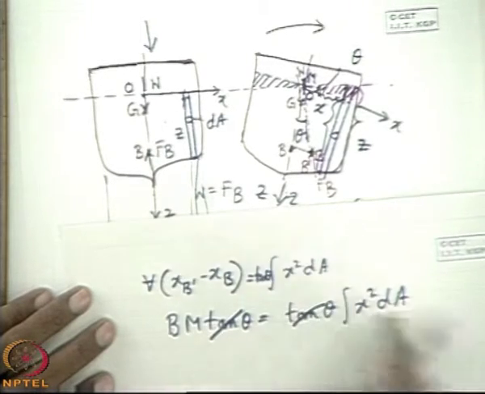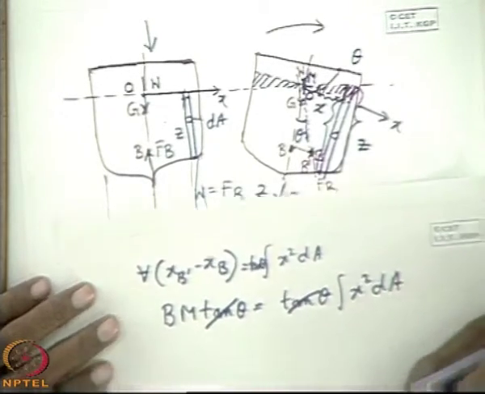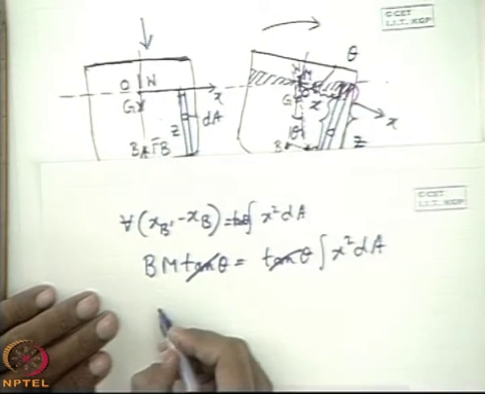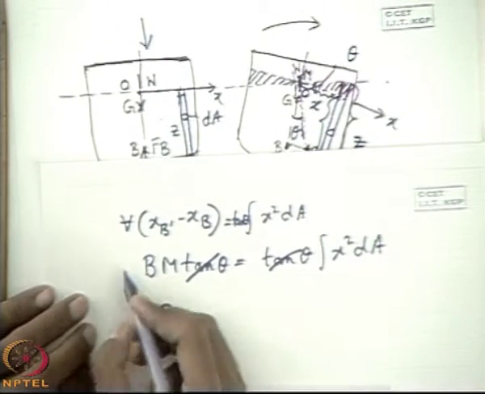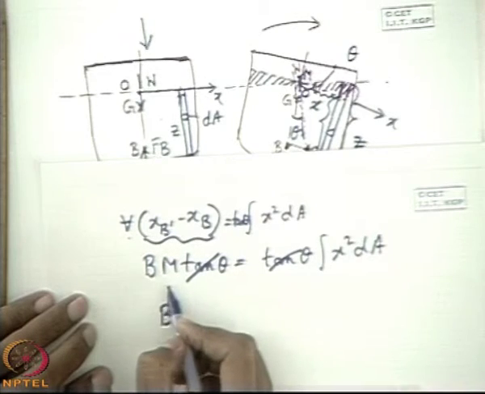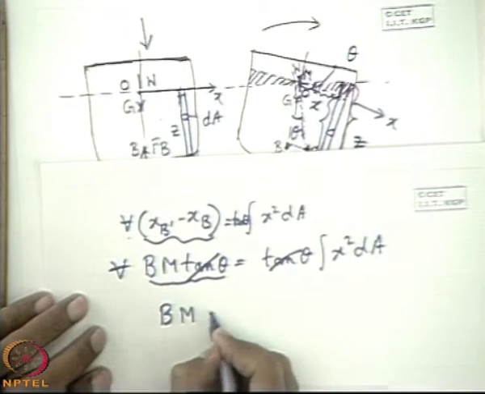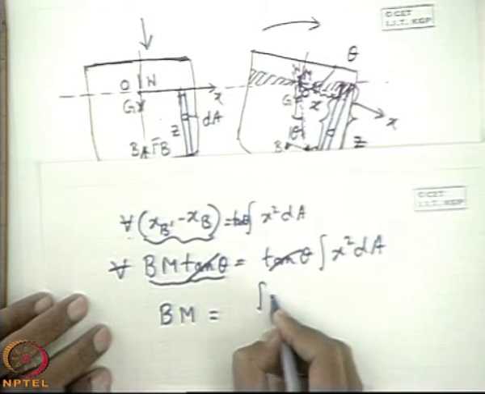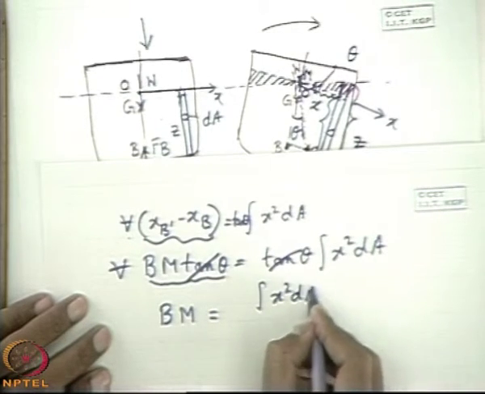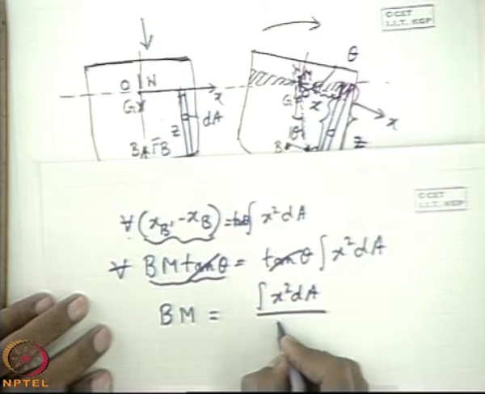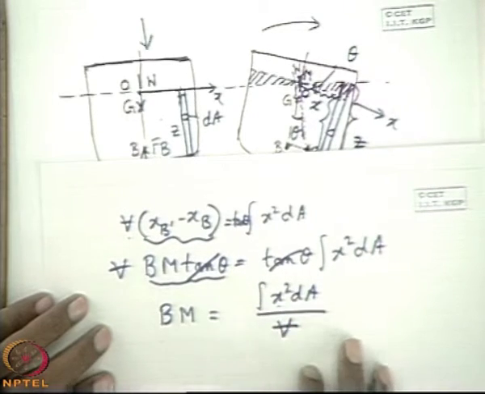So tan theta cancels. Well, so we get bm is equal to x squared dA divided by V. Now what is this x squared dA?